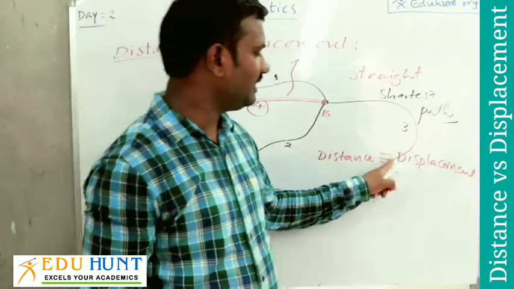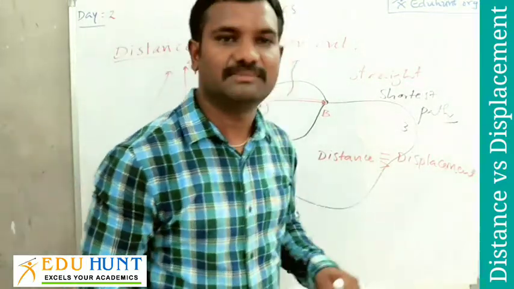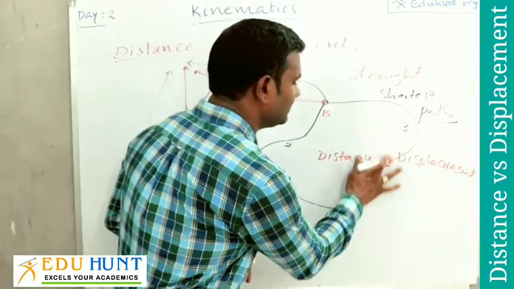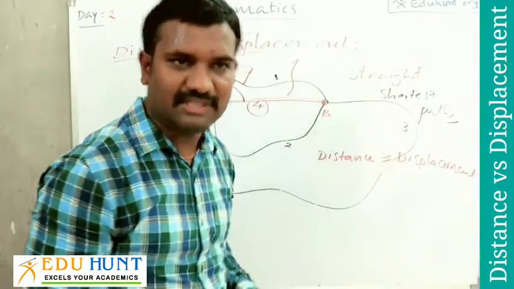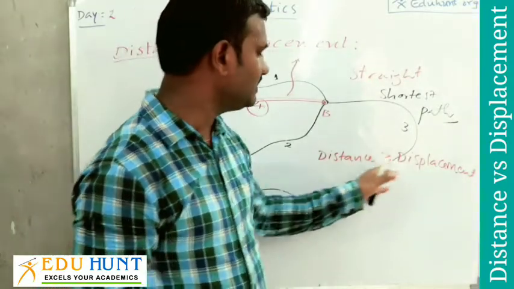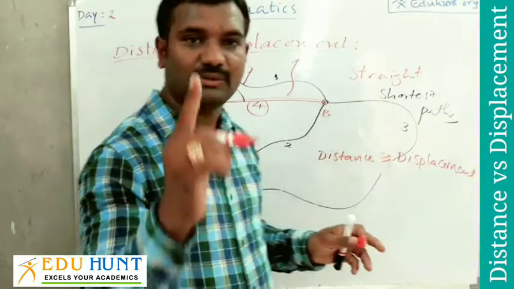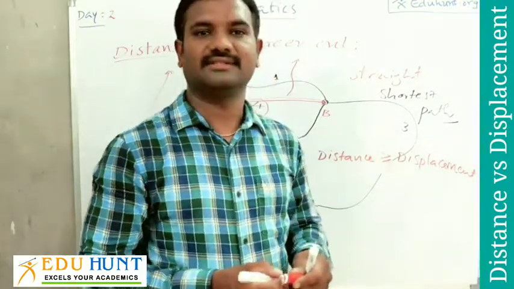Means distance can be equal to displacement or distance can be greater than displacement. We can simply write that distance is greater than or equal to displacement. What about displacement? Displacement is equal to distance only one time. The remaining times it is less than distance.